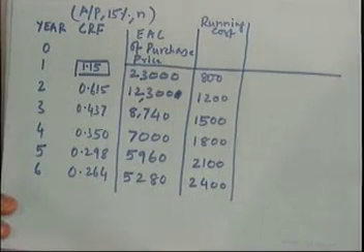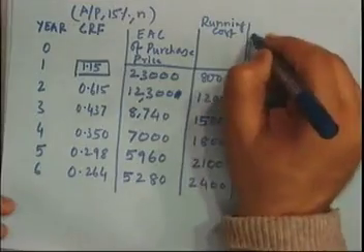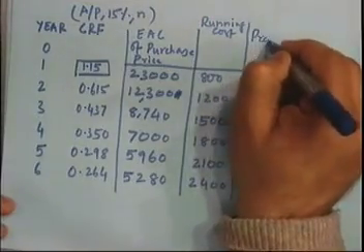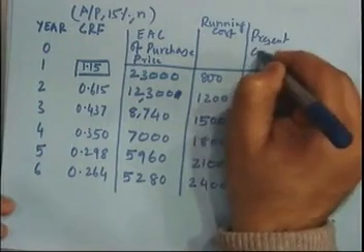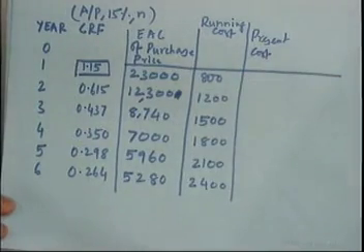These values are given to me. Now, I will bring it to time t equal to 0. That means I will calculate its present cost. What will be the present cost of $800 which I am incurring at the end of year 1?